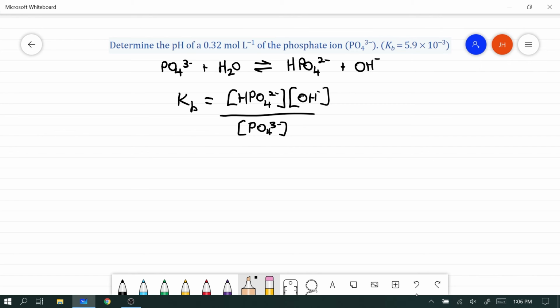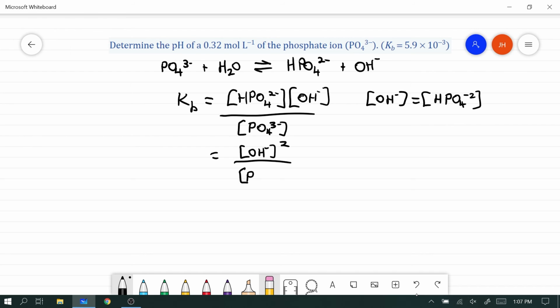Keeping in mind that because of our molar ratios, the concentration of hydroxide is going to be equal to the concentration of the hydrogen phosphate. So because they're equivalent, we can simplify our equation a little bit more, and that's going to be hydroxide concentration squared divided by our phosphate concentration.